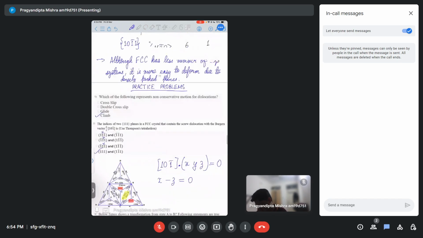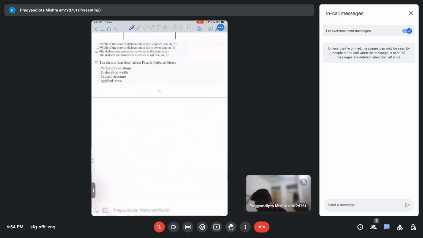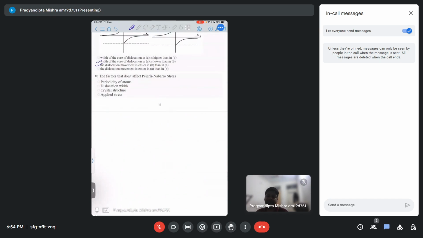I'll just write it down here. Tau Peierls-Nabarro will be equal to 2G divided by 1 minus mu times exponential of minus 2 pi w by b.